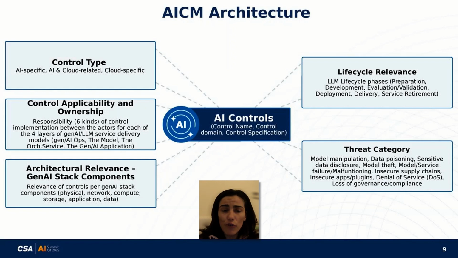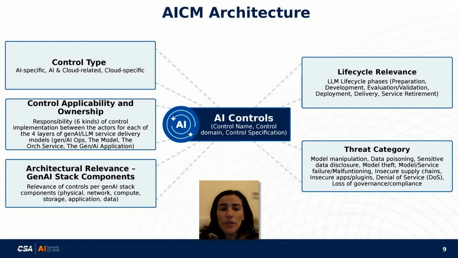For each of these 4 layers, we say whether this control is a responsibility of the model provider, of the application provider, of the cloud service provider, or whether it's shared, for example, between the model provider and the CSP, and so on.